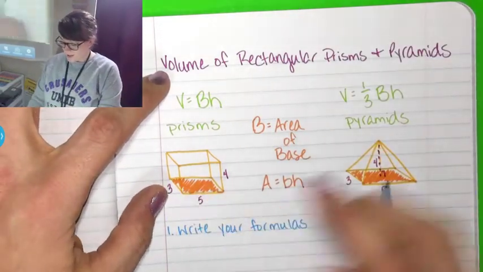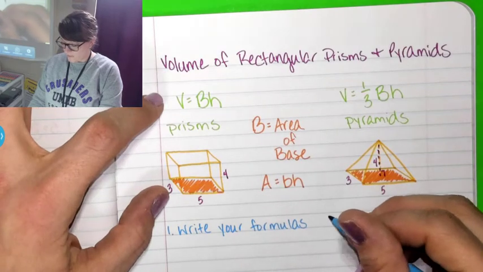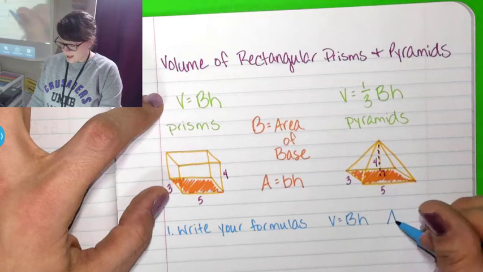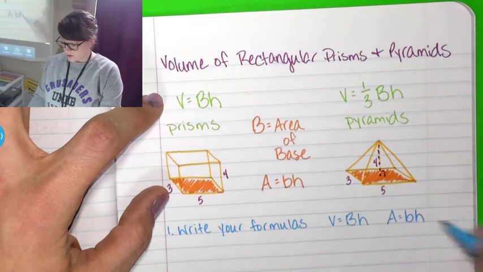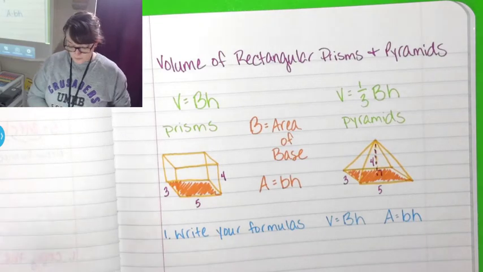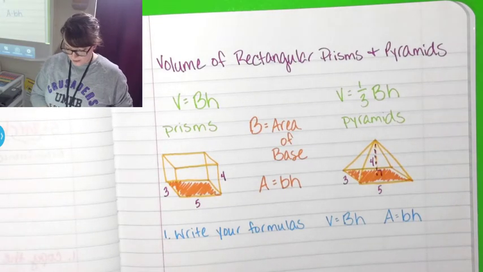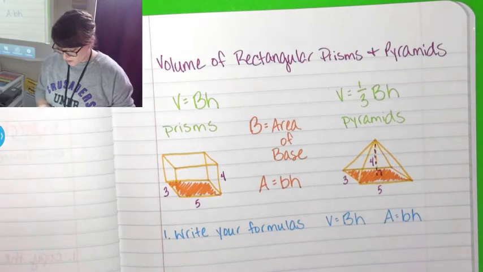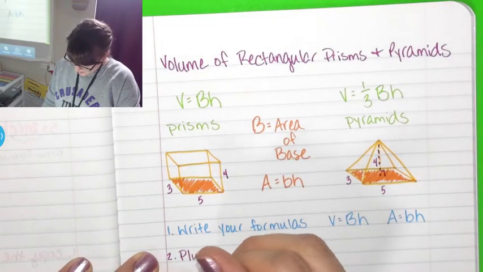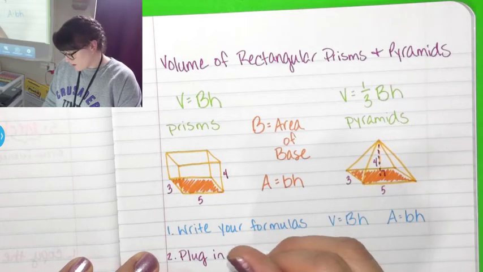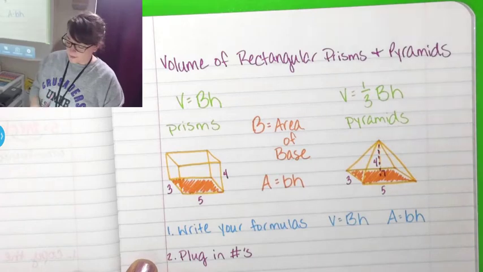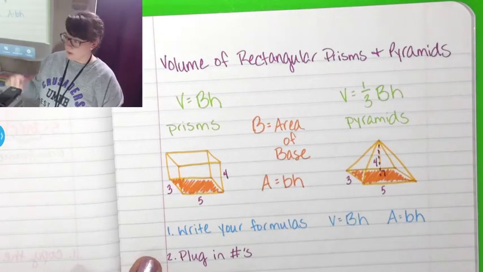So if I do the rectangular prism, I need to know that V equals capital BH, and I need A equals BH. Next step, I can start filling in some numbers. Step 2, plug in numbers. Well, should have made step 2 find the area, then plug in numbers.